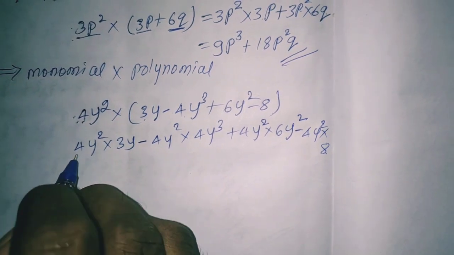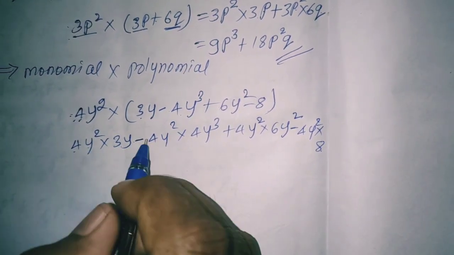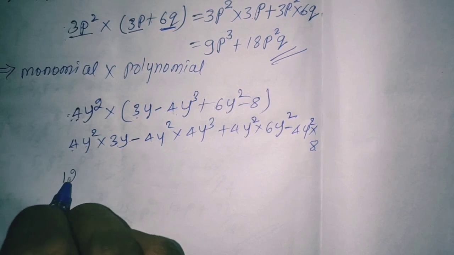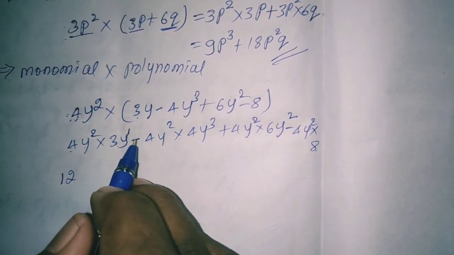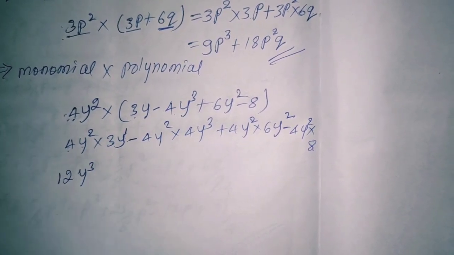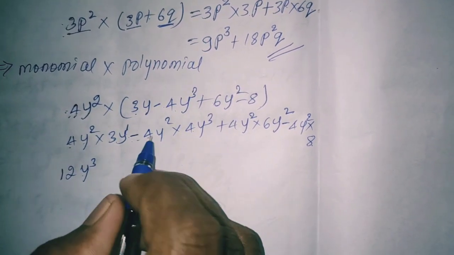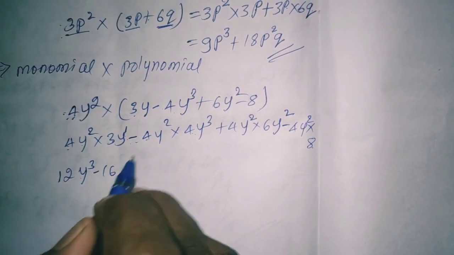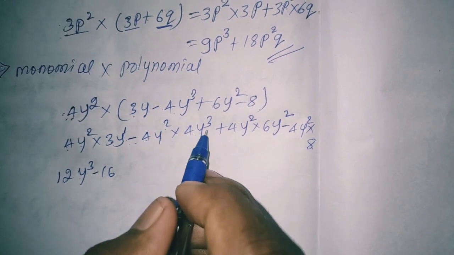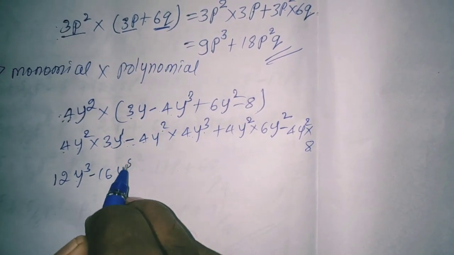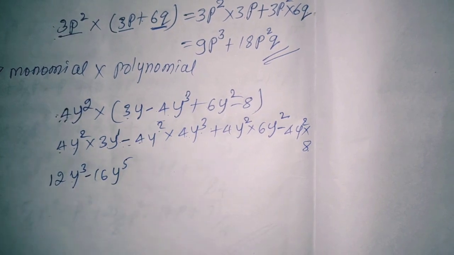Now just multiply the coefficients and the powers. 4 3s are 12. y square into y, here y raised to 1 will be there, you will get y cube. Then minus 4 into 4, minus 16, 4 4s are 16. y square into y cube, y raised to 5, 2 plus 3, 5.